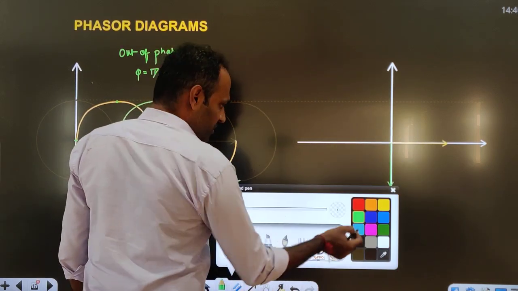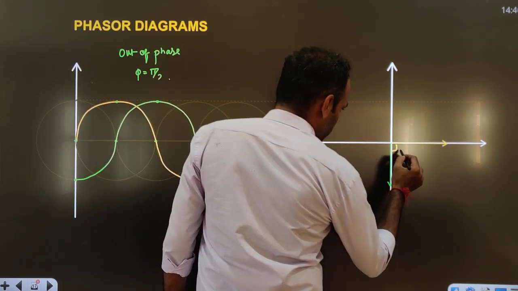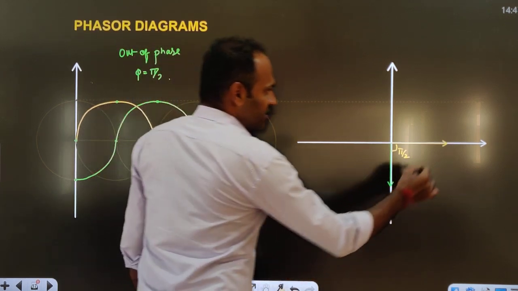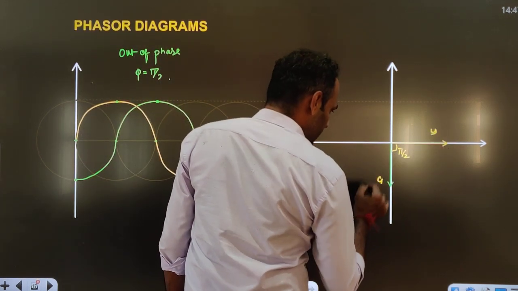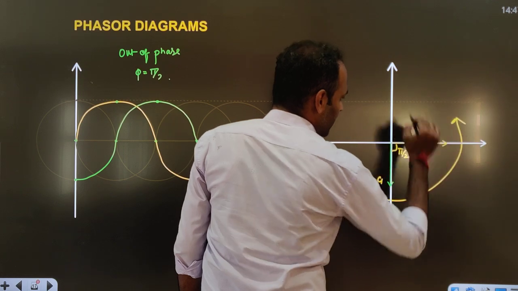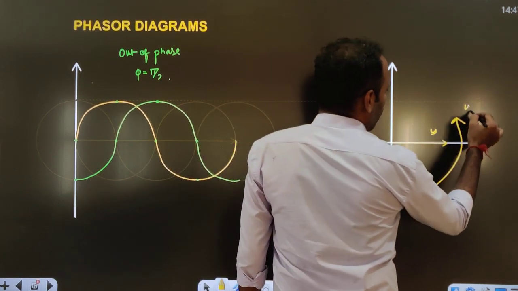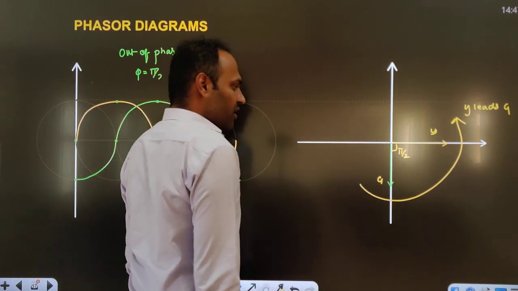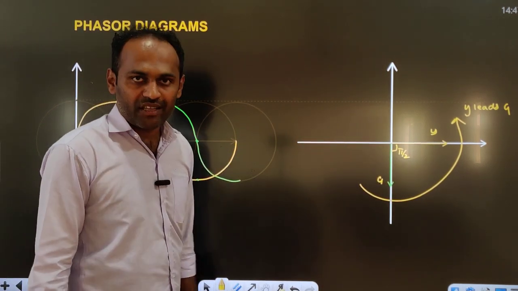Now you check how much is the phase difference. Yes, phase difference ade. Phase difference between them is 90 degree. Right? This is yellow color and this is green color. If you see in the anti-clockwise direction, which is leading here, y leads G ಅಂತನ ಹೇಳ್ಬೋದ್ರಿ. Y leads G ಅಂತನ ಹೇಳ್ಬೋದು, ಅಥವಾ G lags behind Y ಅಂತ ಹೇಳ್ಬೋದು.